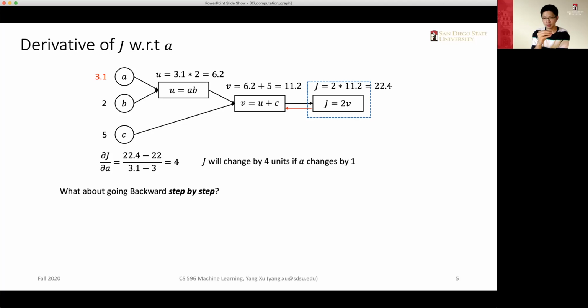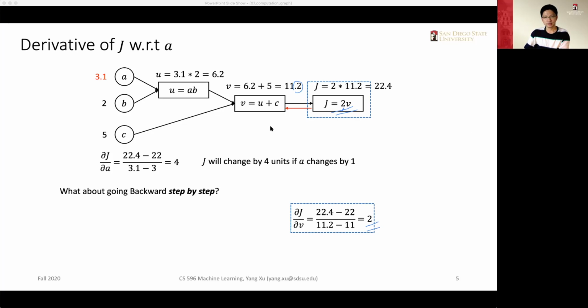The change in v is here, 0.2, right? So we know that the derivative of j with respect to v is 2. You can also observe it from the form of j, because j is 2 times v, and if we apply the rule of derivatives, we know that the derivative is 2, the coefficient here.